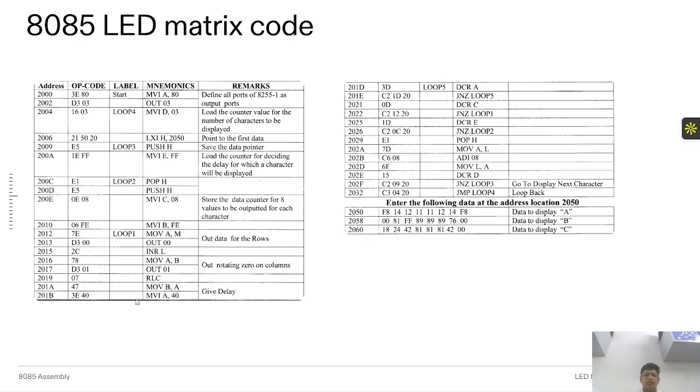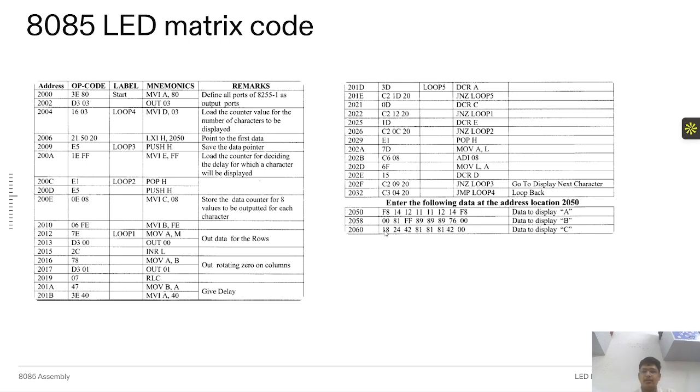This is the MOV, move from accumulator A to B, and this is the move immediate to A with a value of 40. Here we are using the loop and the decrement and increment methods. After the pattern is printed on the LED, we also need it to be repeated in a loop. For the LED matrix we are using three patterns to be displayed, and they will be played in the loop.